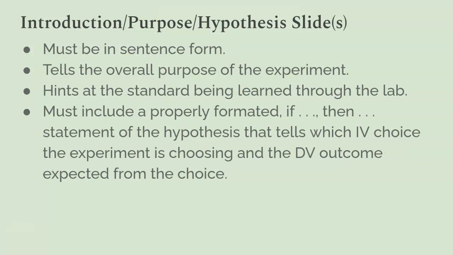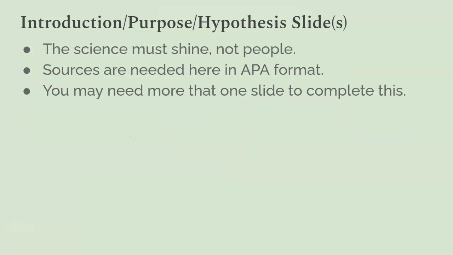You have to tell the overall purpose of the experiment that you're talking about. So you have to hint at what you're learning in the lab. What are the things you're learning? It must include a properly formatted hypothesis of if-then statement that tells all about the IV choice and the DV outcome that you expect from that choice. The science must shine, not the people.